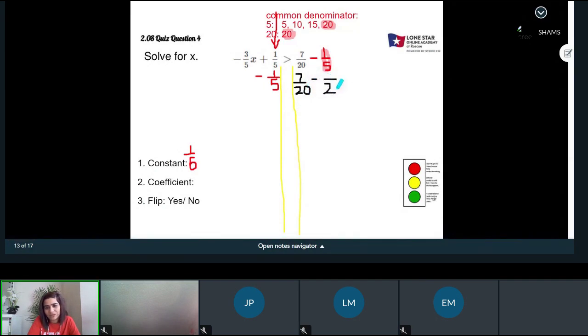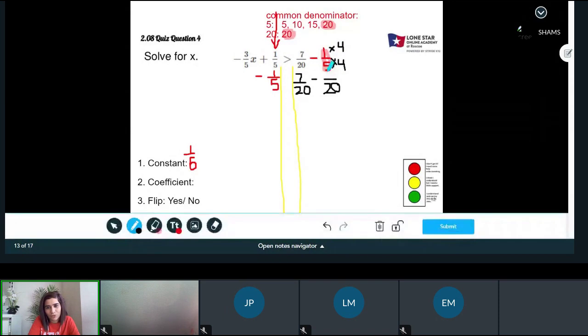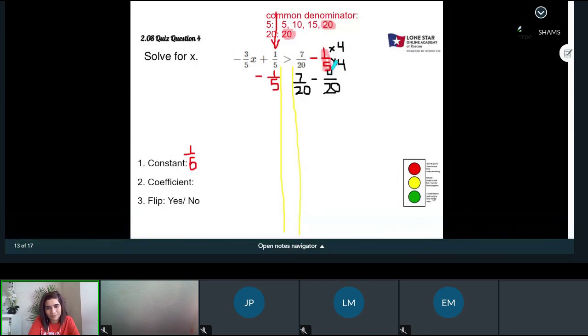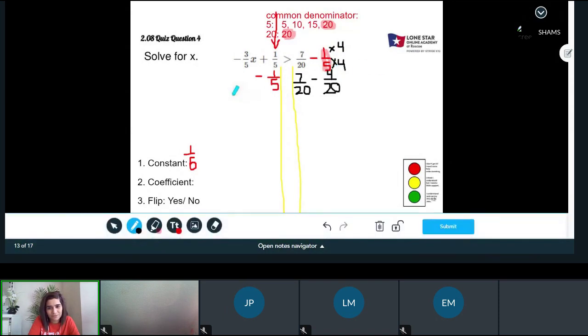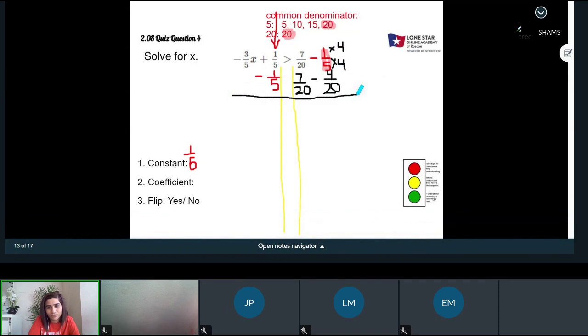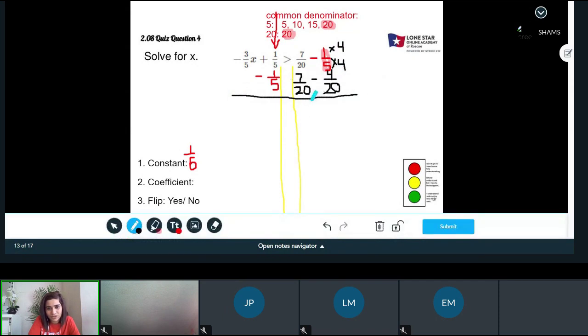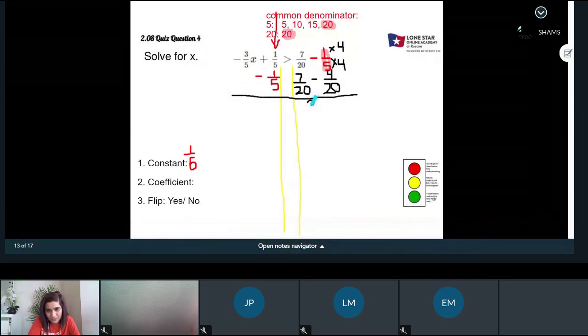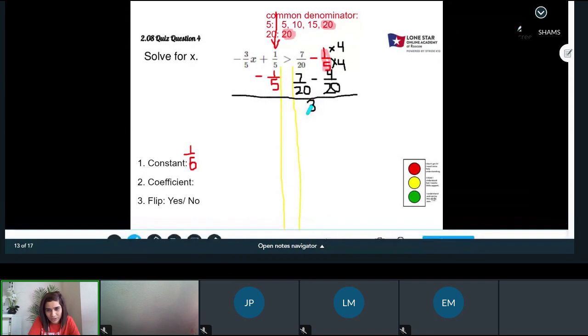So from 5 to a denominator of 20, I actually multiplied this fraction by 4. And the same I will do here in the numerator, times it by 4. And here you got 4 out of 20. And subtraction will become easy. So if you do 7 minus 4, you get 3. So here we have 3 over 20.